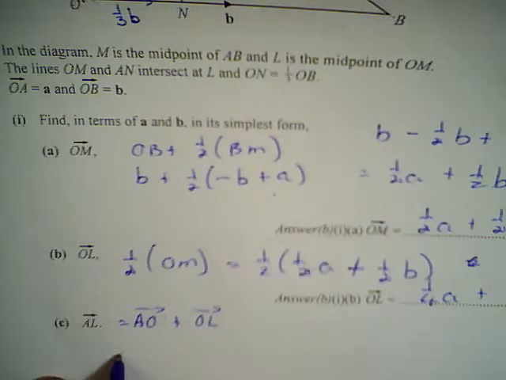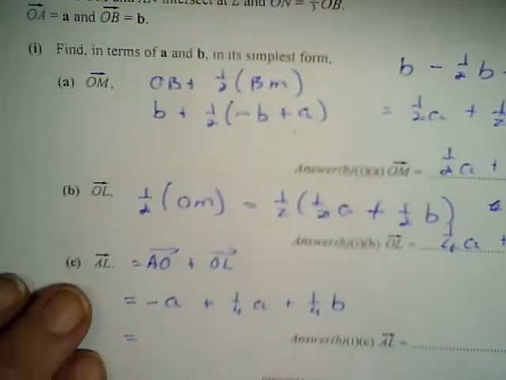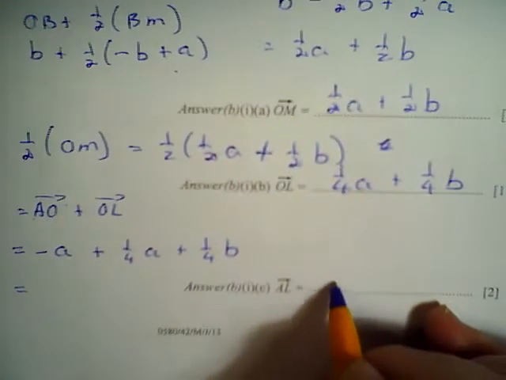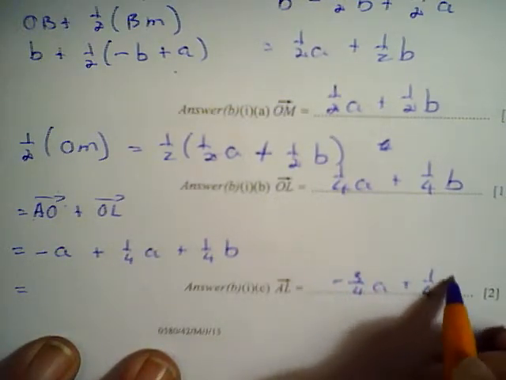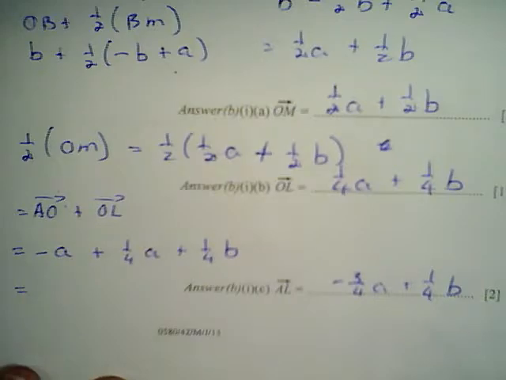Okay, now what is AO? It is just negative A plus a quarter A plus a quarter B. And that would give me negative 3/4 A plus a quarter B. Okay, good. So that's that page.